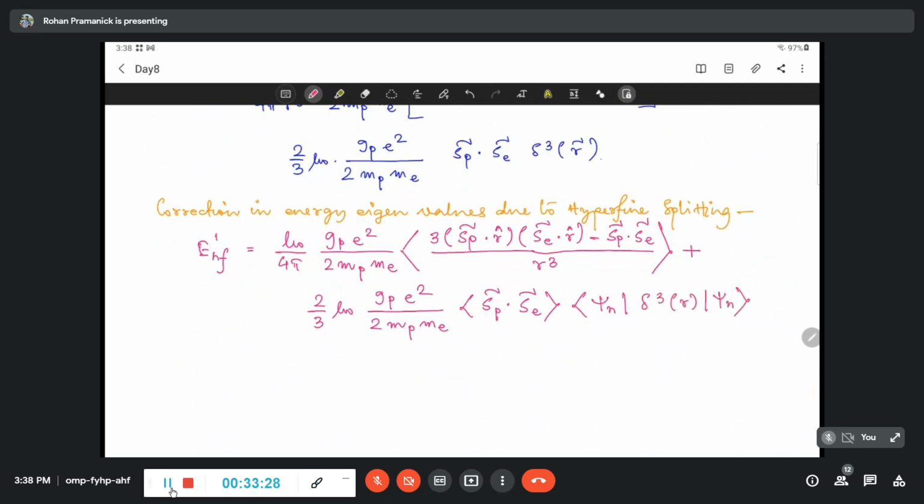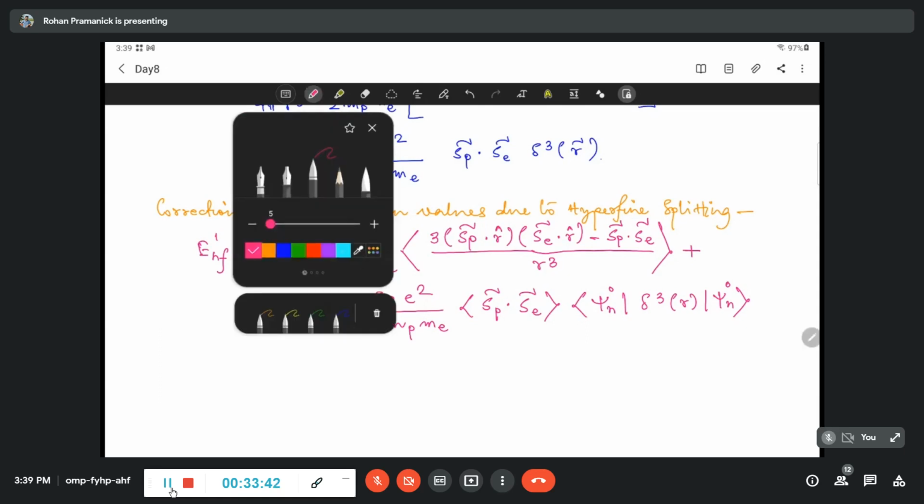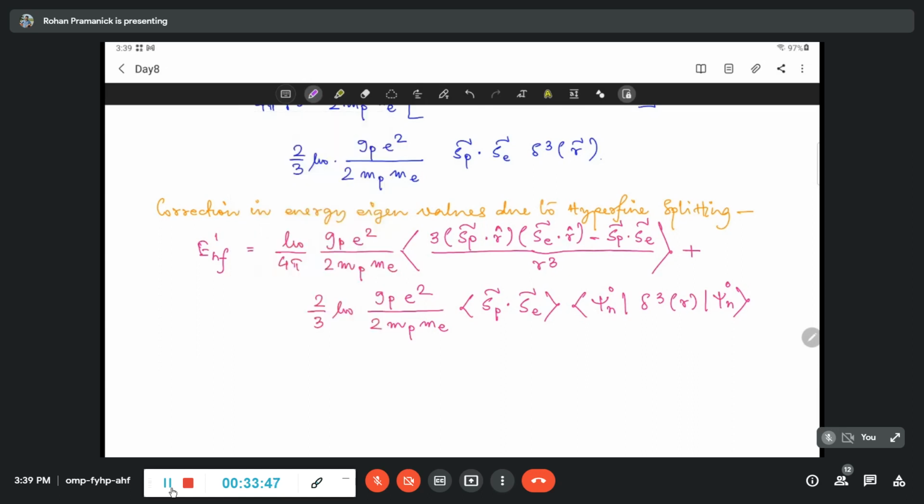I have written it explicitly because it will pull out a term which is nothing but psi_n at 0, because there is a delta function over here. So just to simplify a little bit, this second term will give you the mod square of psi_n at r equals 0.